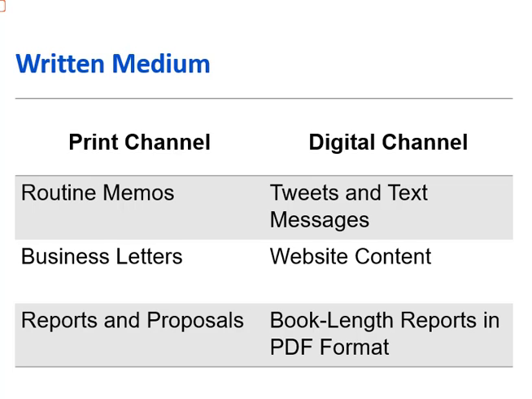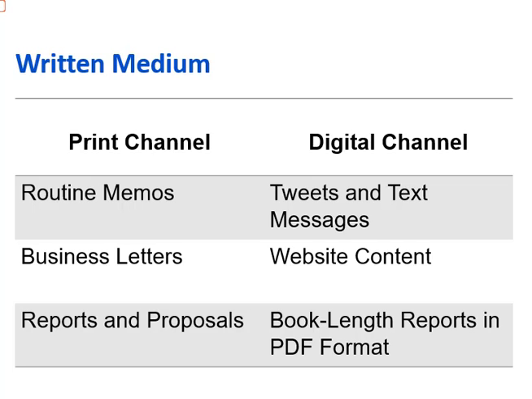Now, today, I don't know if print necessarily means the same thing as a physical piece of paper. An email message probably also counts as print today, or like a PDF format that's digitally distributed to everybody. Business letters, reports, proposals. Digital, in this case, means something that's kind of less formal. Tweets, text messages, content on a website obviously is digital.